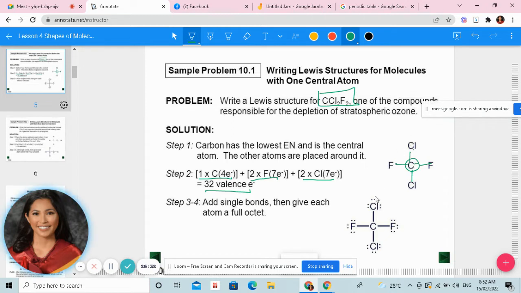If we count each electron, we will have 32 valence electrons. Now, since no unpaired electron is left, we can think that we are partly correct. After that, we will check if each atom has achieved the octet rule.